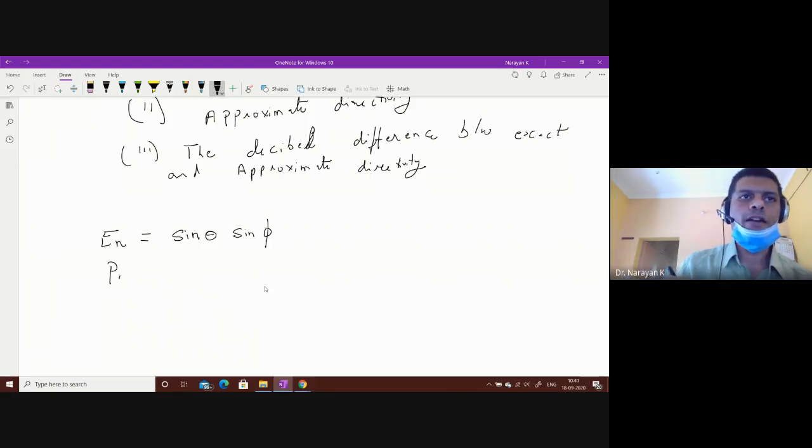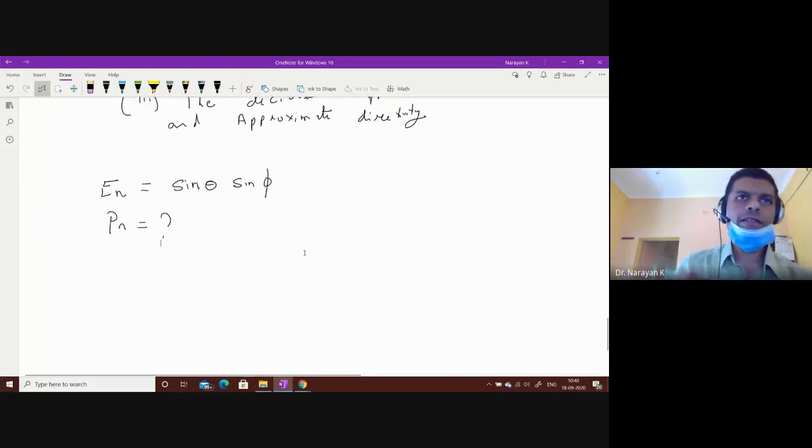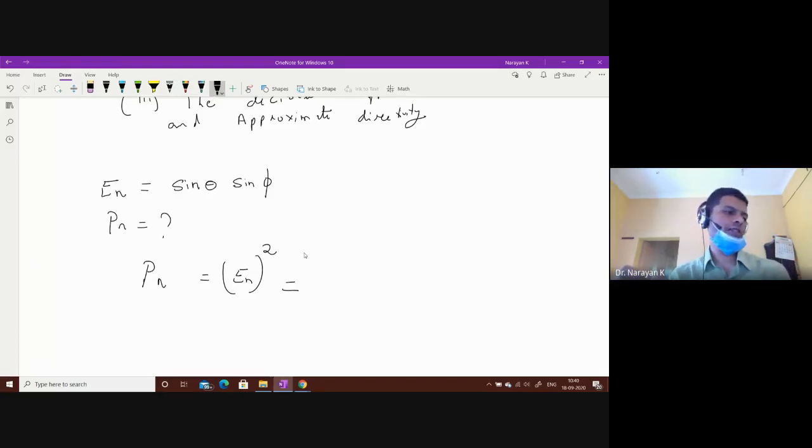We don't know the power. So first find the normalized power. Normalized power is nothing but E_n squared. The square of the field gives you the normalized power. That is the simplest way of remembering.